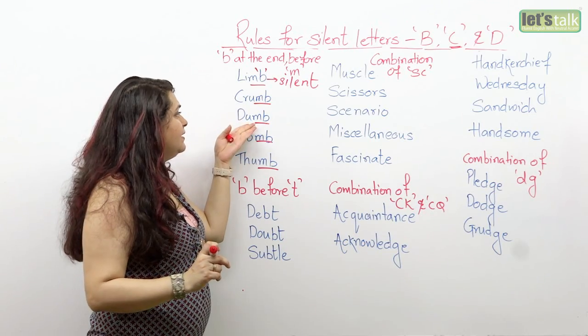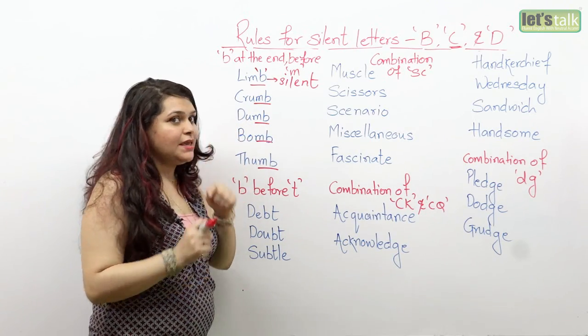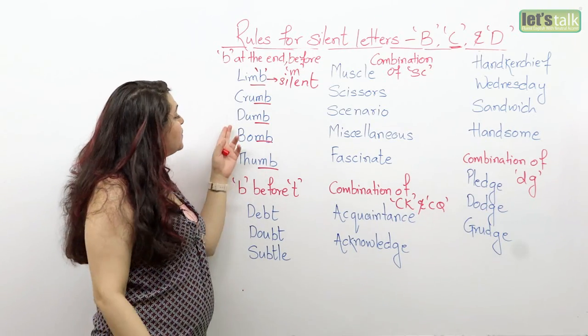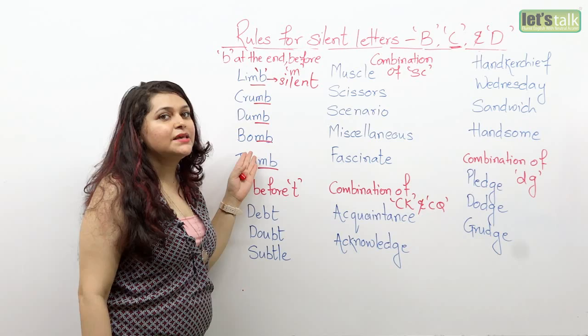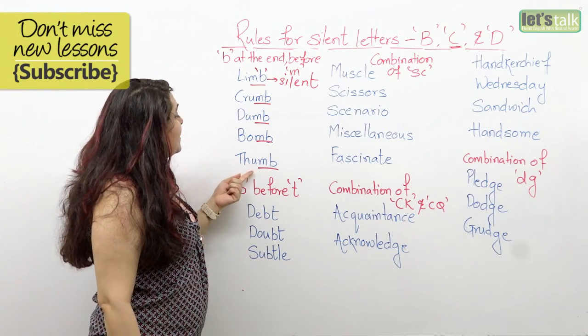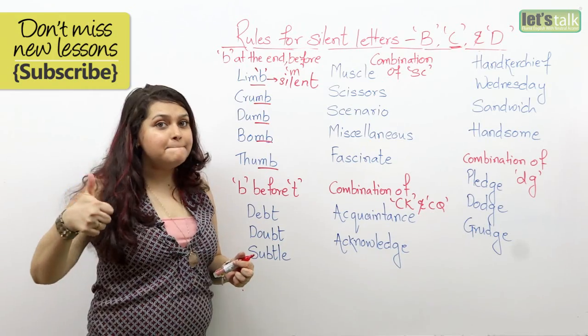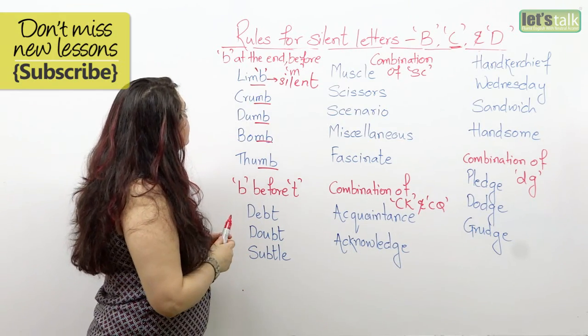Then similarly, dumb. B is silent. Then of course there is B-O-M-B, bomb. Similarly, T-H-U-M-B is thumb. Okay, so that's how the pronunciation goes.